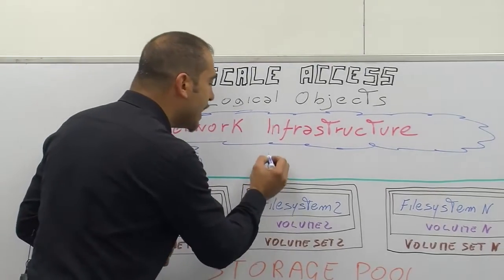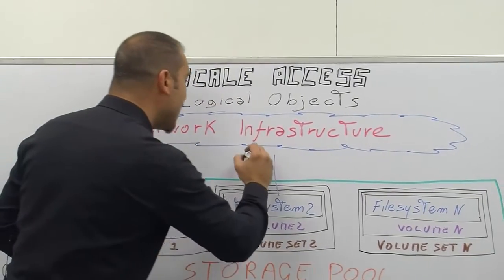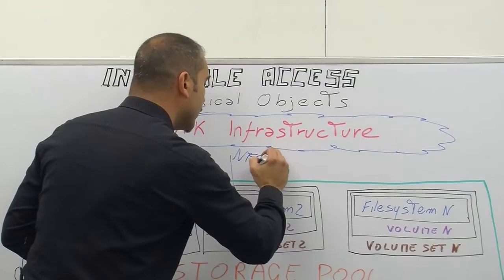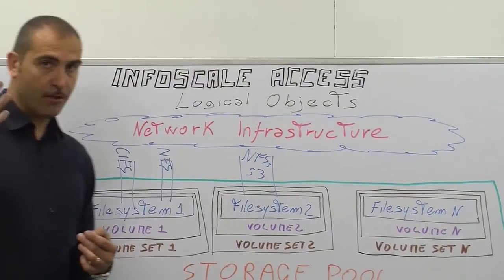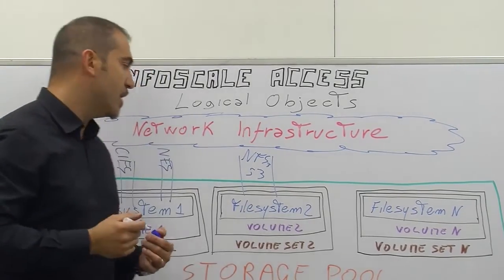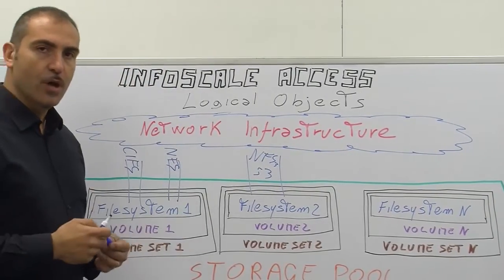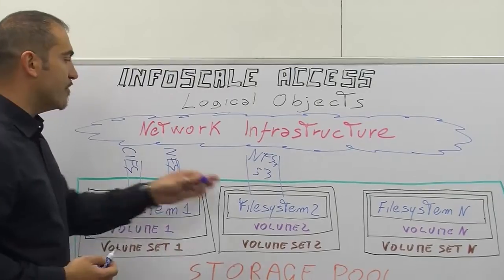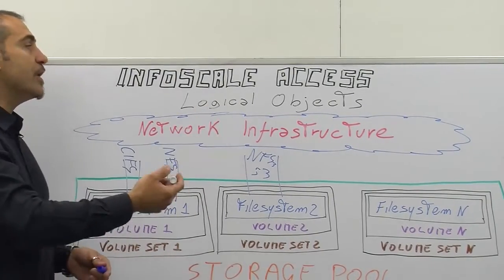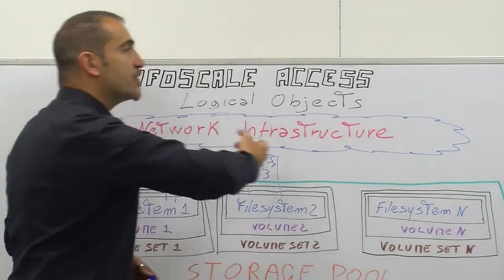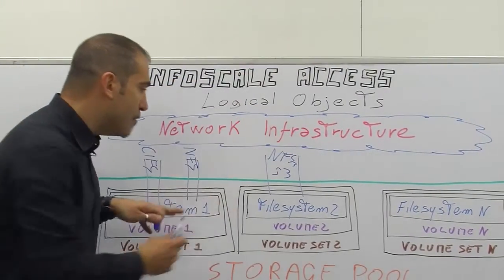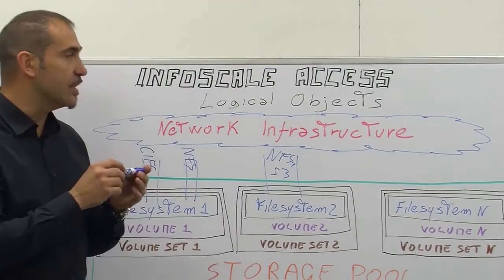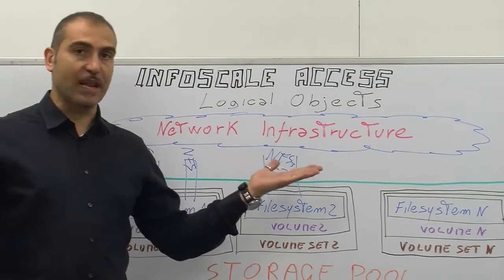But you can even create, for example, a single share with NFS 3 and S3 protocol to have real multi-protocol access to a share. It doesn't matter how many shares you create and associate with the file system. In that way, by creating shares, the users in the network infrastructure will be able to connect to the file systems and access the information stored in InfoScale Access.